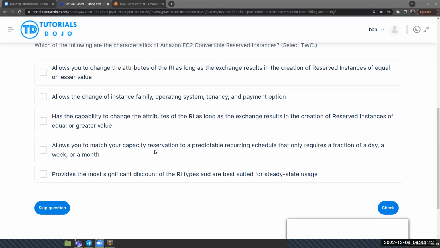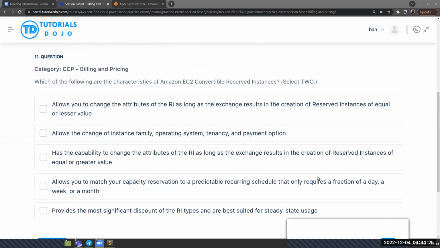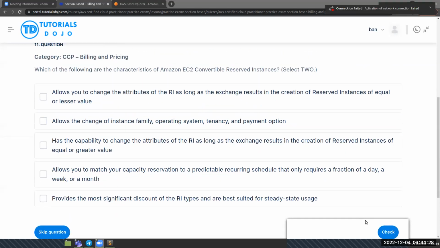Allows you to match your capacity reservation to a predictable recurring schedule that only requires a fraction of a day, a week, or a month. Provides the most significant discount of the RI types and is best suited for steady state usage. So which of those go to convertible reserved?